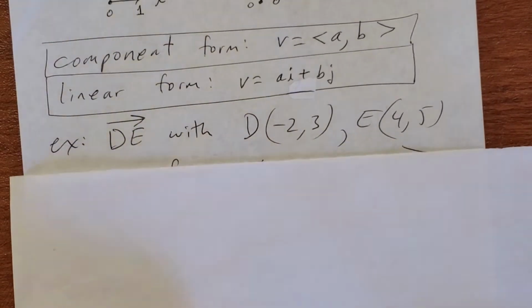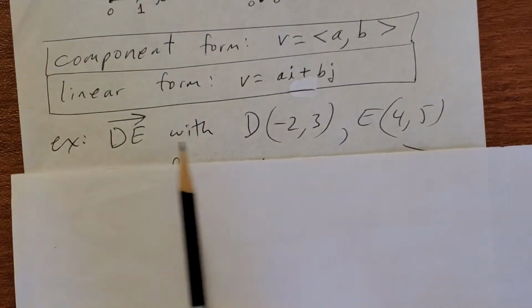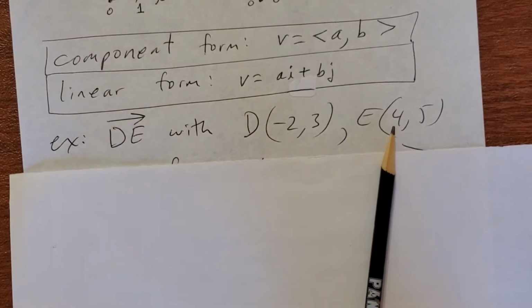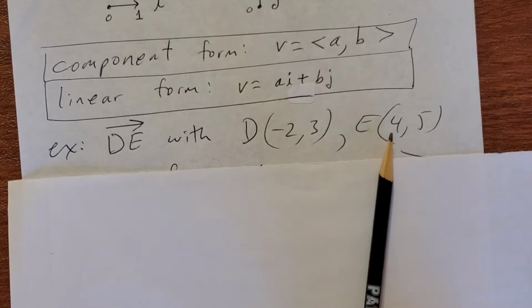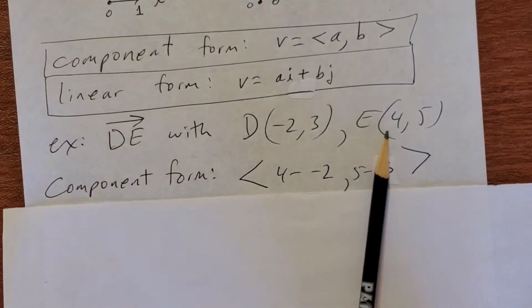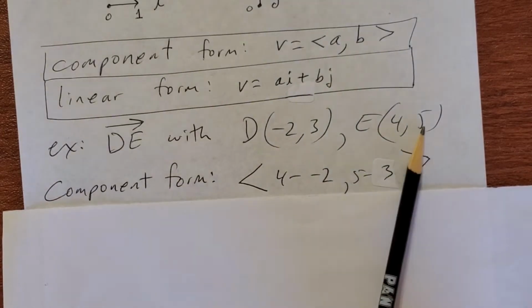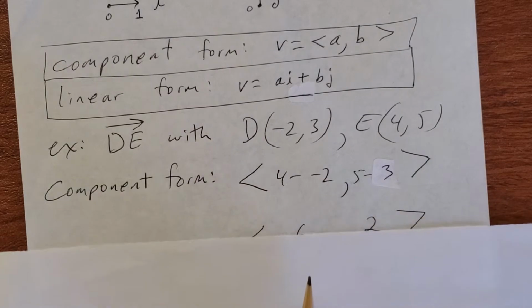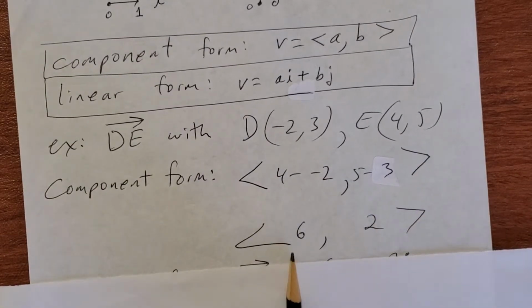So, for example, you have a vector dE. Starts here, ends here. So what do I need? Well, I need my A and B, my components first. Let's get the components. This minus this, second one minus the second one. That's what I did here, and I got the component form, 6, 2.